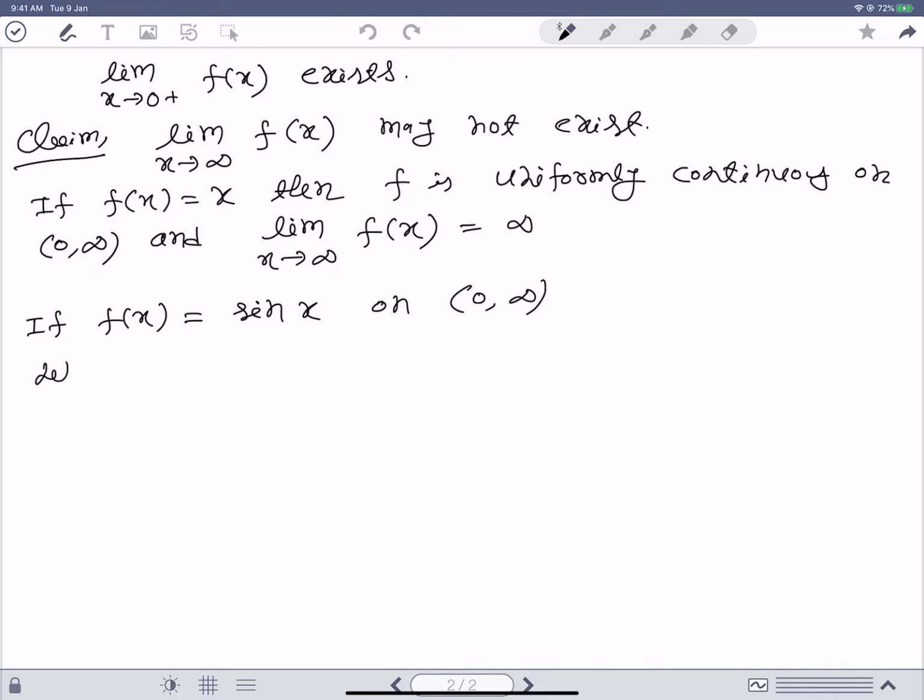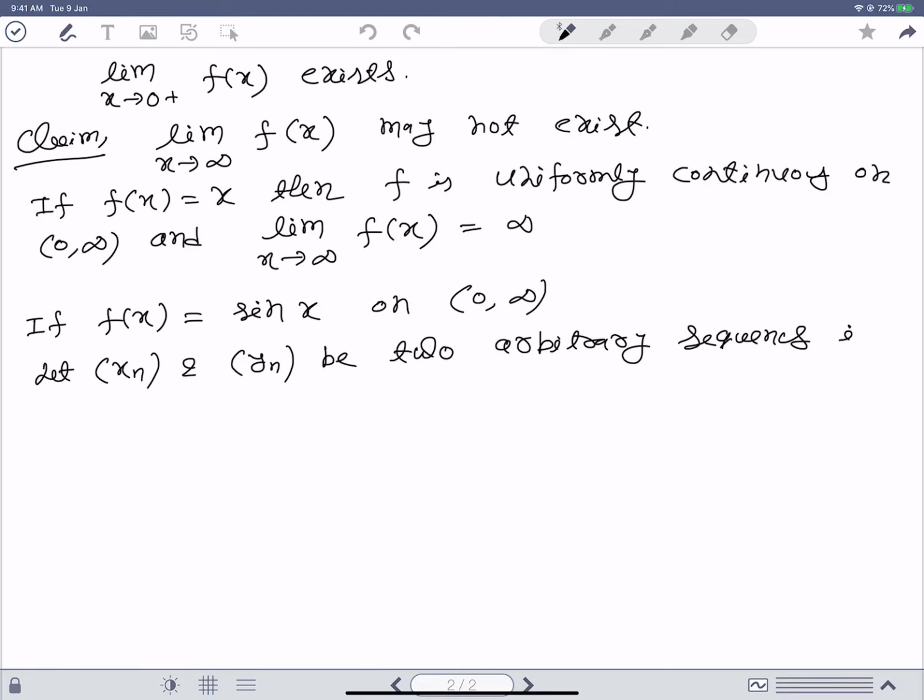Let xn and yn be two arbitrary sequences in the domain (0, infinity) such that |xn - yn| tends to 0.